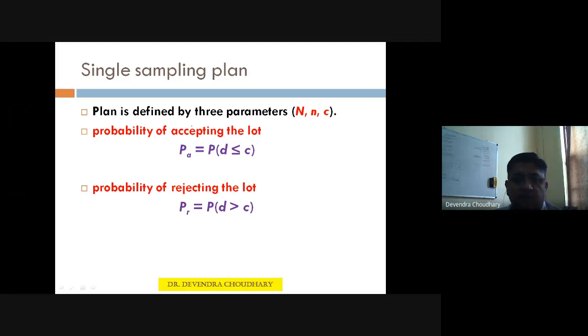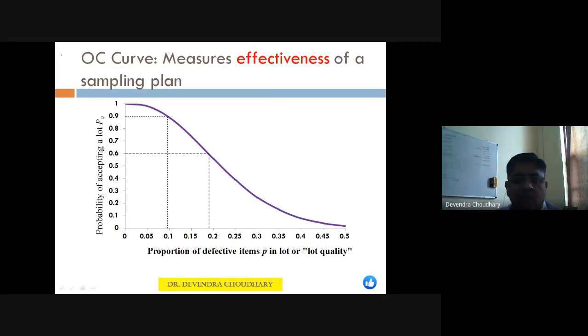And we know that in a single sampling plan, when the number of defectives is less than or equal to the acceptance number, the entire lot is accepted, otherwise it is rejected. The operating characteristics curve is a curve between the probability of accepting a lot and the fraction defective.